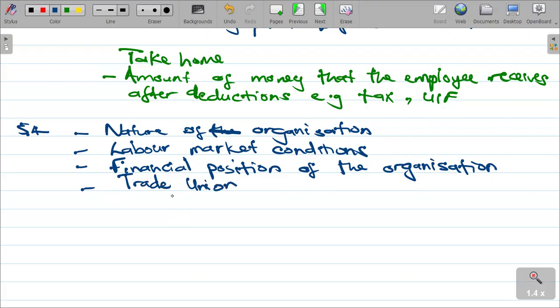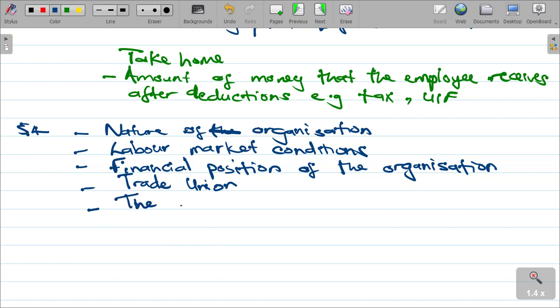Really about labor unions participation, right? And also the extent to which benefits satisfy individual needs.